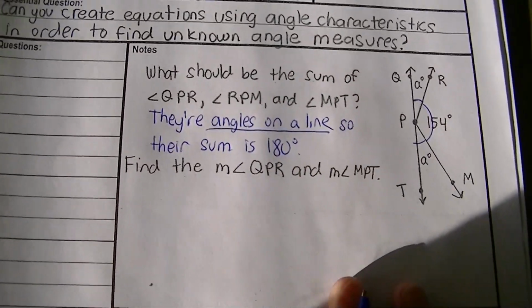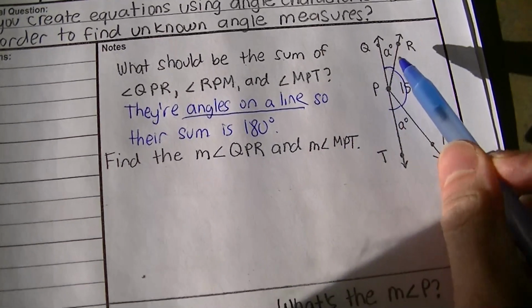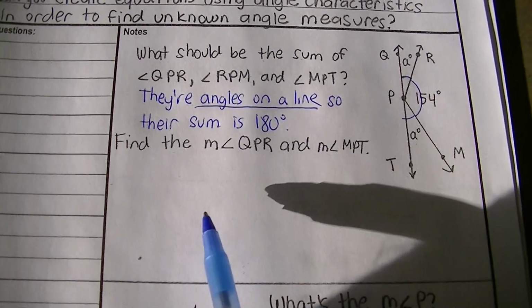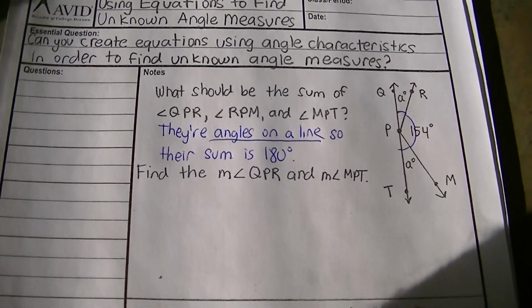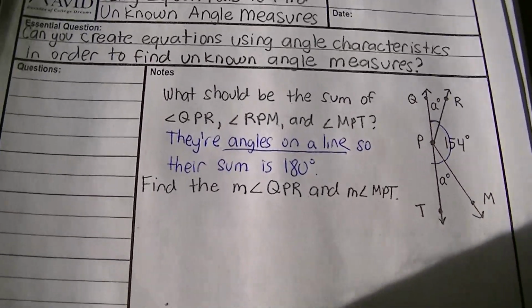Now it says to find the measurement of angle QPR and angle MPT. I can set up an equation to figure out their angle measures, because you know that their sum is 180 degrees.